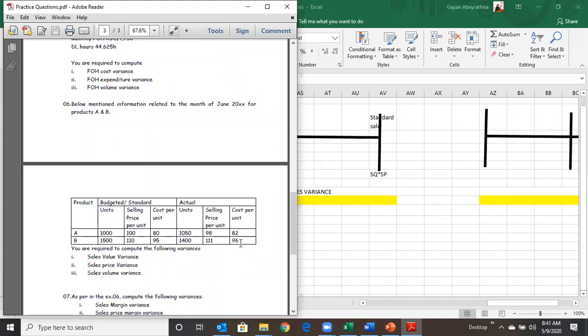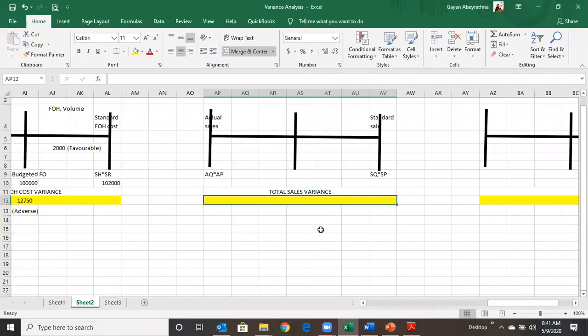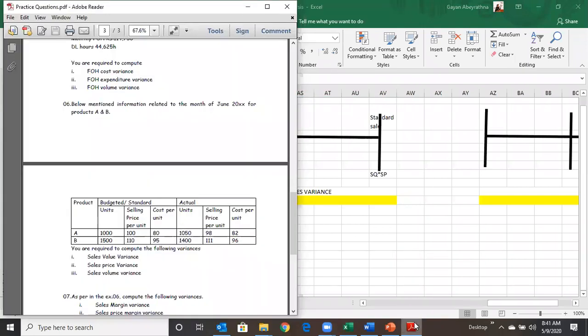Okay, now let's calculate variance for the product A. You have been given information, budgeted, standard and actual. Let's calculate first actual sales income. Actual units of product A, they have actually sold 1050 units.